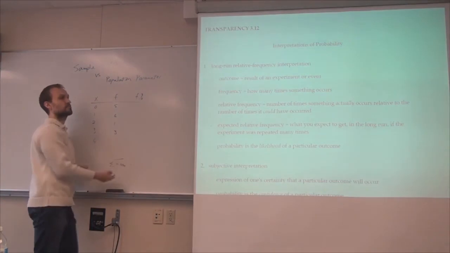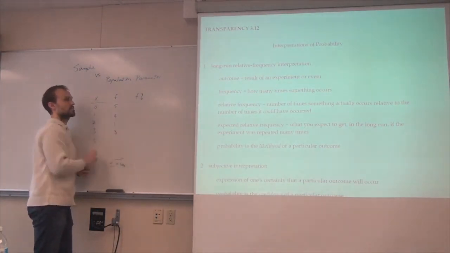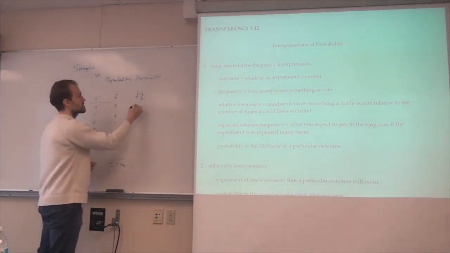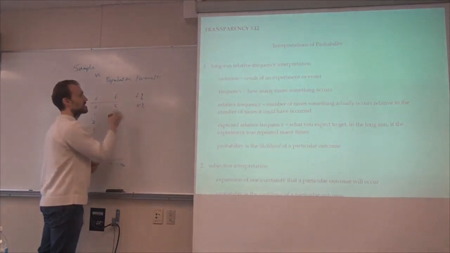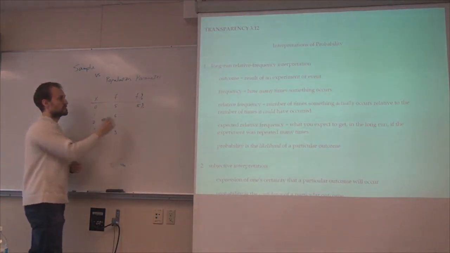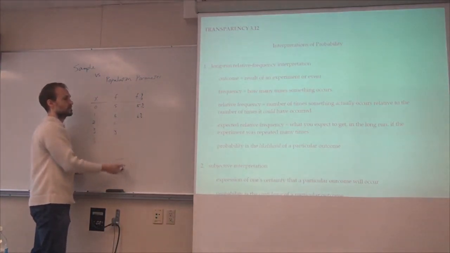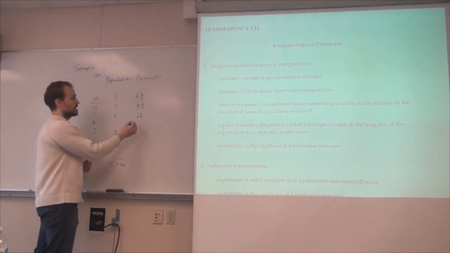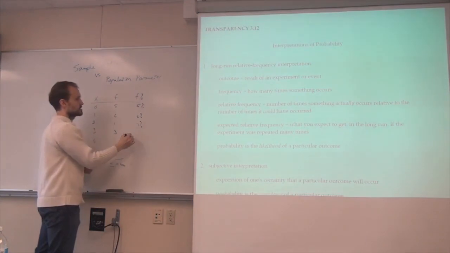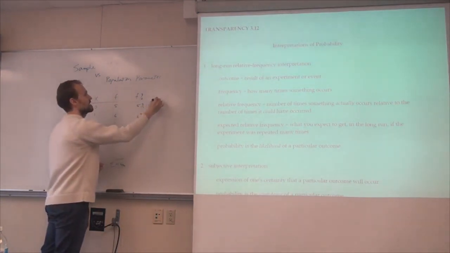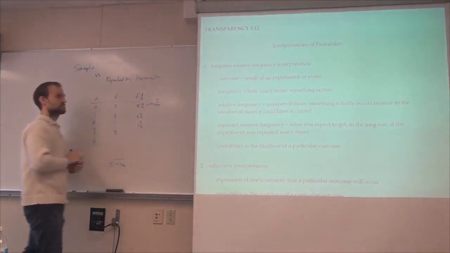So I looked at 100 people in my sample, and I got the different frequencies. Then this occurred with relative frequency of 5%, because it's 5 out of 100, 6 out of 100, 1%, and so on.